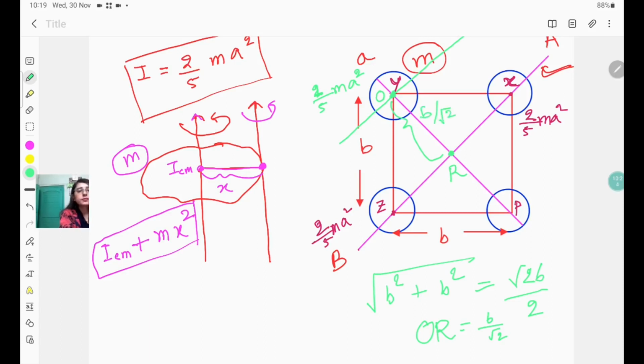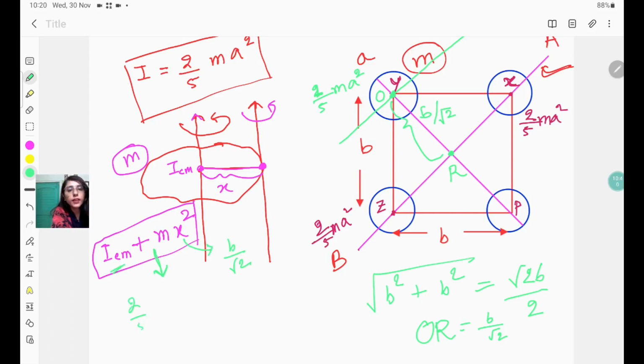So now by applying the parallel axis theorem, in case of x we need to give it, x is here b by root 2, mass is m, and I center of mass is here 2 by 5 m a square.